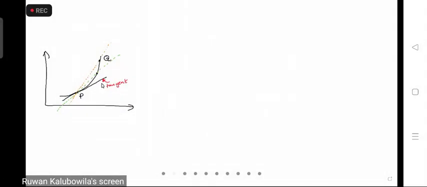So the approximation using tangent. Right? Okay, then now move on to this. If you increase little by little, let's take one more.